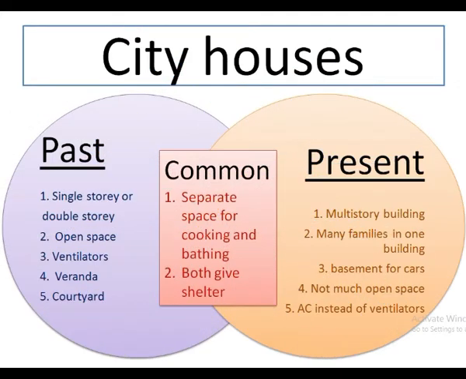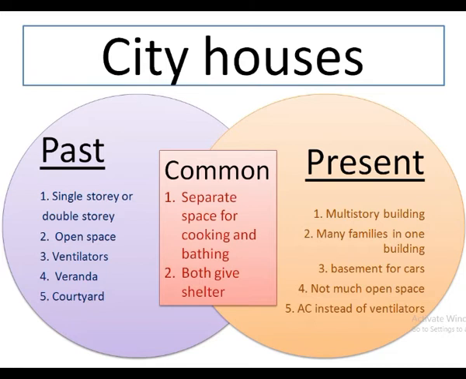Now, what we have learned till now in this video, that the past houses in cities are different from the present houses. Yes, in the past, we were having more double story or single story houses that used to have an open space. We call them veranda or courtyard. Yes, we also used to have ventilators to pass the air.